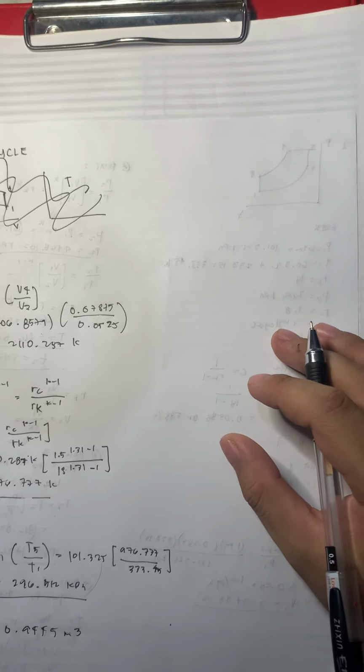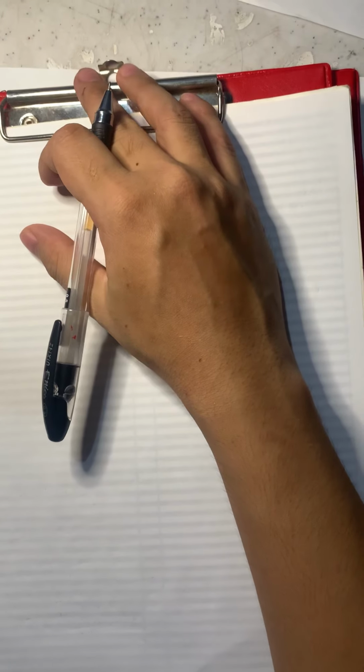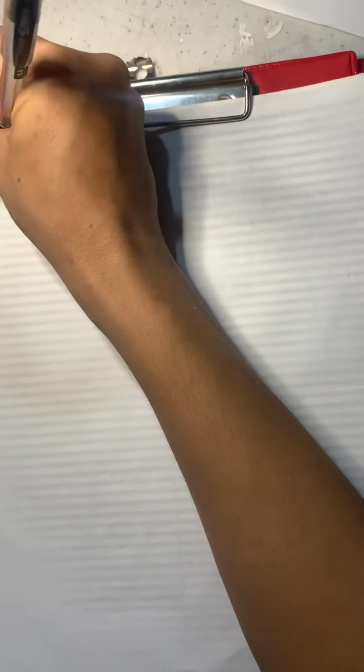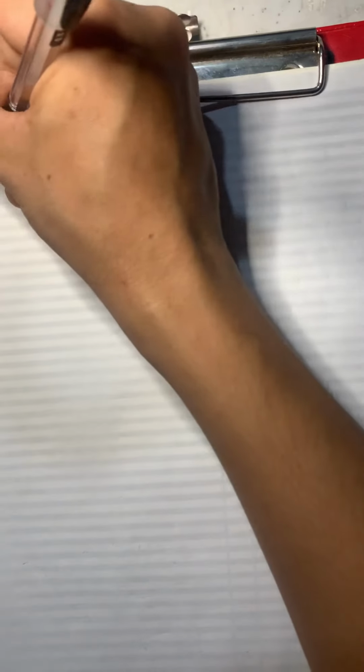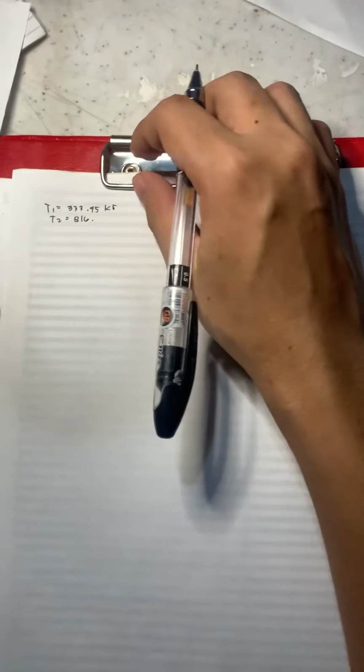Now solve for work. In work, we will use the temperatures we got. Let's write them: T1 equals 333.45 K. T2 equals 816.893.